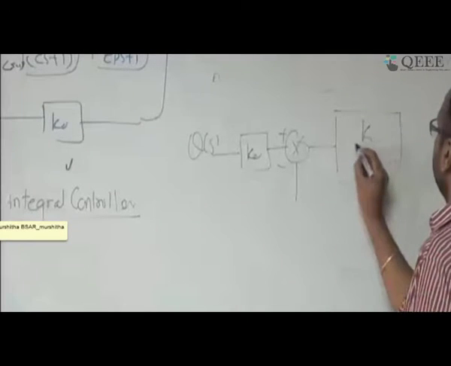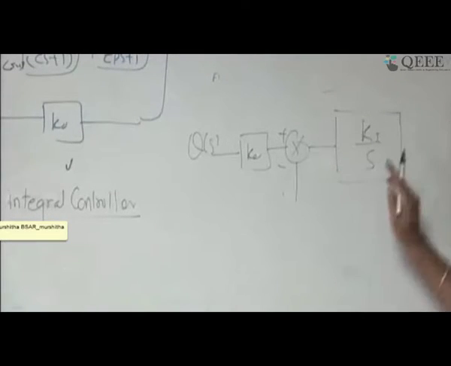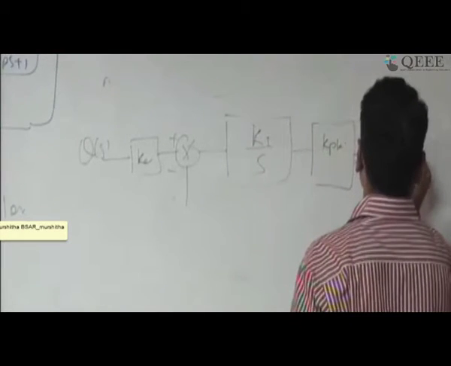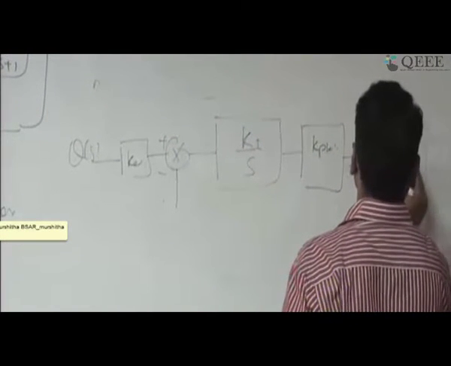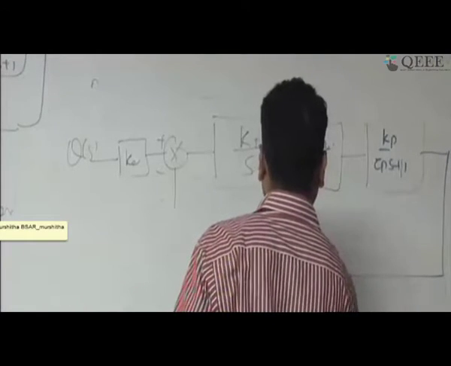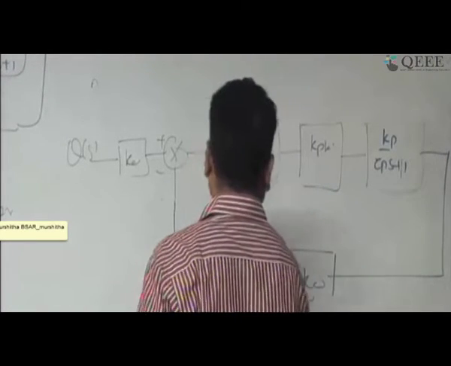And here the change is, please note, that I am adding a ki by s integral term. Let me understand the system with respect to this ki by s. Now whatever kp, kv, kx, all the terms will come, and this is my plant, kp by tau p s plus 1, and finally this is going to be k0, correct?